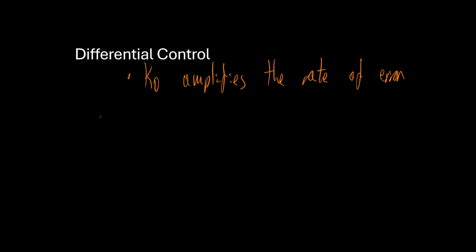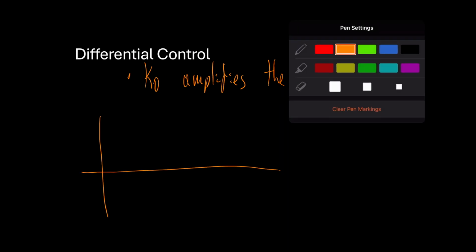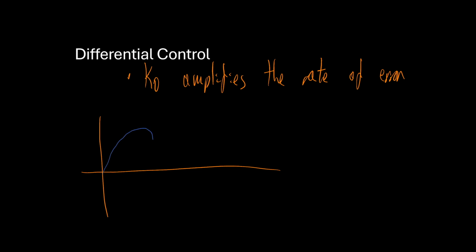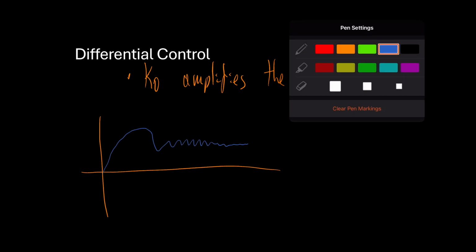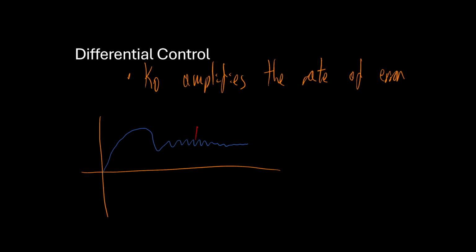So if I draw a graph, and imagine this blue signal is whatever device we are using here. Now, the problem with this is, imagine this is high frequency noise, meaning it's very steep. What does KD do here? Well, KD actually amplifies the high frequency noise, and that causes a lot of instabilities and oscillations.